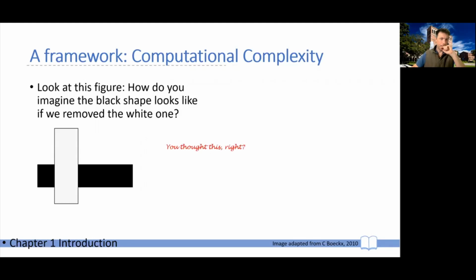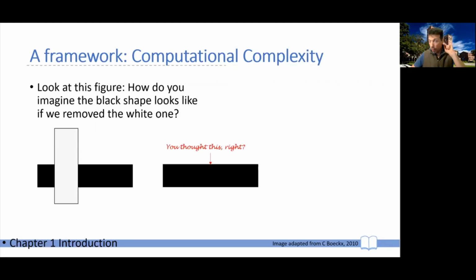Chances are you thought this. Chances are your gut reaction, not your smart answer, your gut reaction is that if I were to pinch off the white bar from here, what would be left is a black bar.